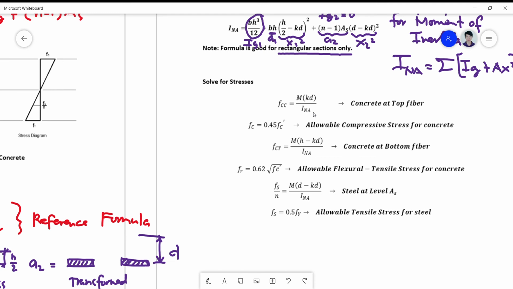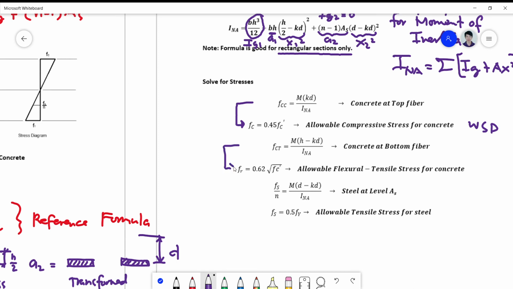Okay, so we have to compare this to the allowable stress for WSD, and fct is compared to your fr, the allowable flexural tensile stress, because this is in compression and this is in tension.